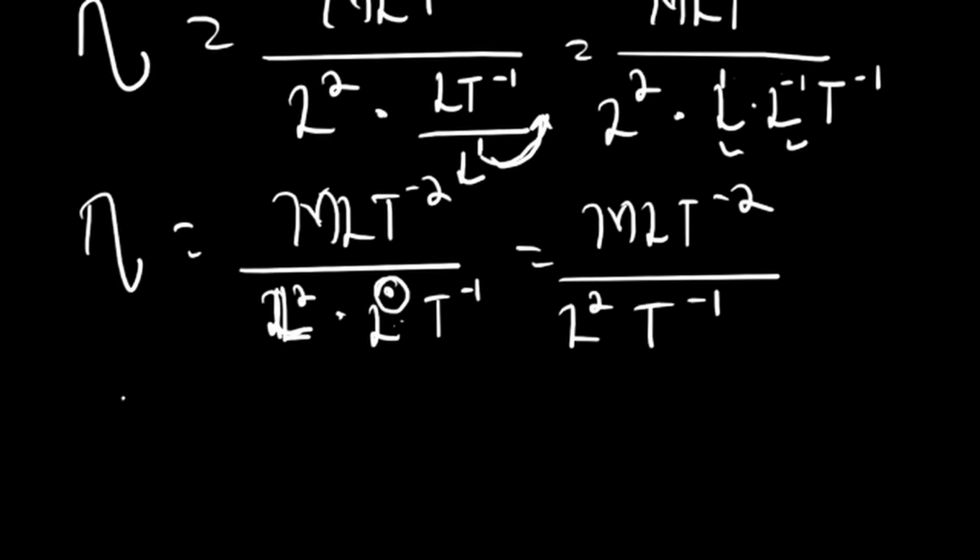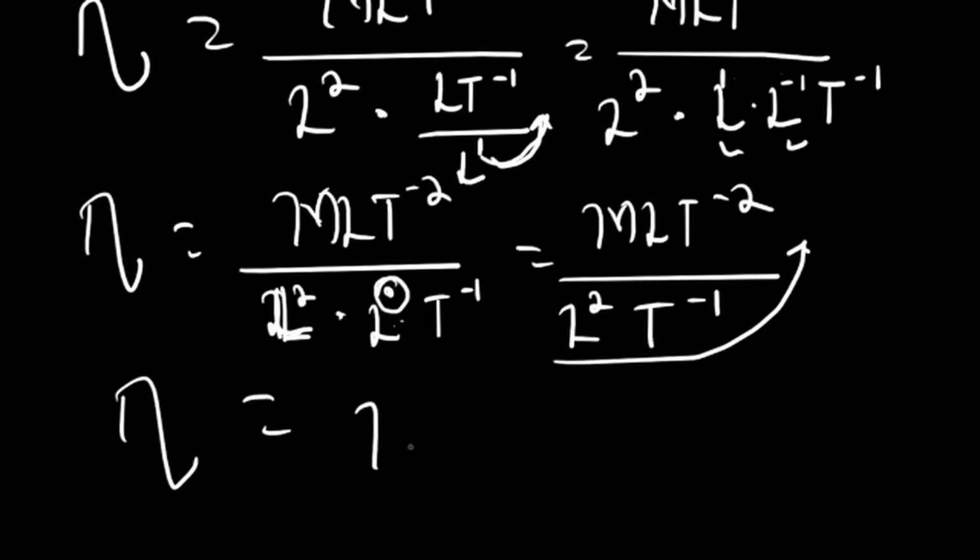Let's see. So viscosity is equal to, I'm going to move everything down here to the top. We have our M. Please write them in the form of MLT. The M comes first, followed by the L, and then next you have your T. So this is now going to be ML.